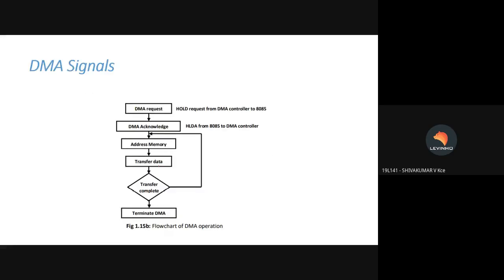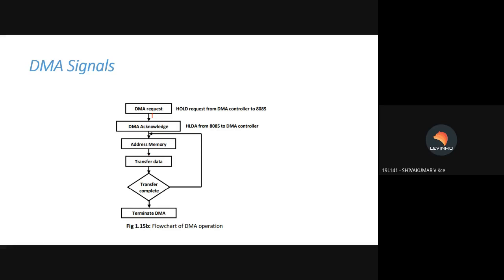Now you can see the flowchart of the DMA operation. First, the DMA requests the CPU. After the DMA requests the CPU, the CPU sends an acknowledgement signal, HLDA. After the acknowledgement signal is given to the DMA controller, it addresses the memory and transfers the data.